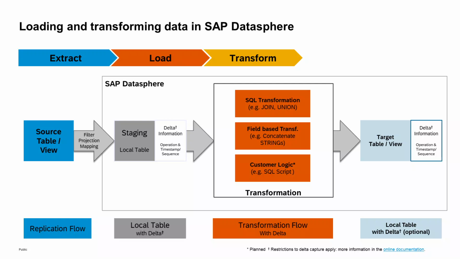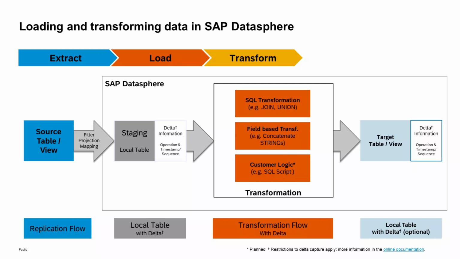So we have an opcode in the local table here, and that information can then be used, including the Delta handling, the watermark management, as we call it, the Delta pointing, to be read from a transformation flow. That means at the initial load, we will read everything that is there until now.